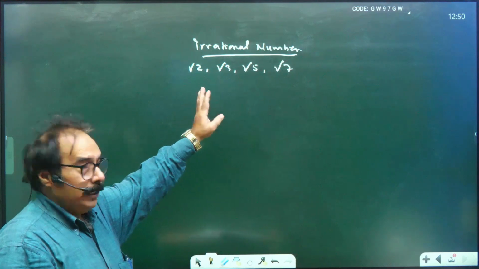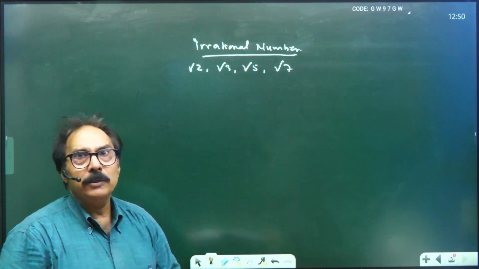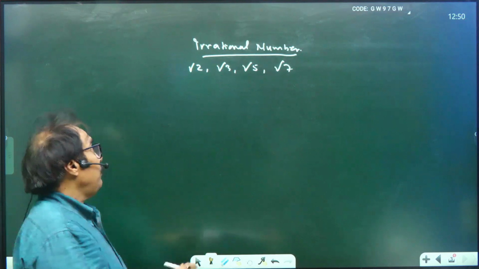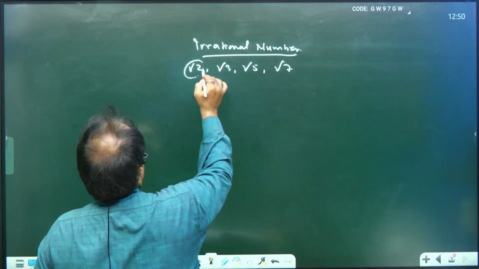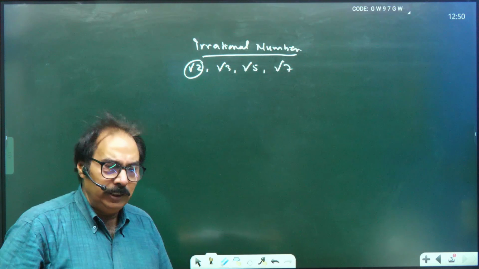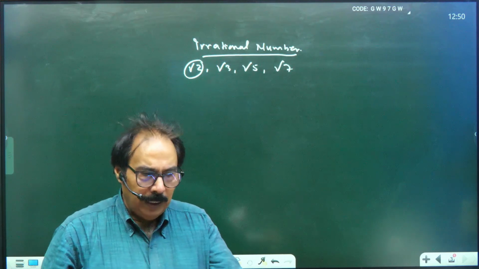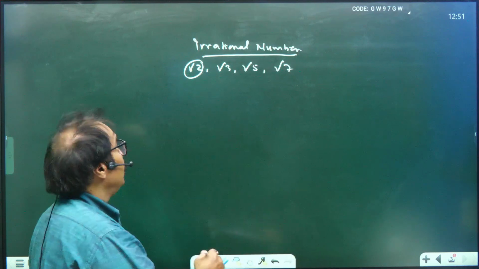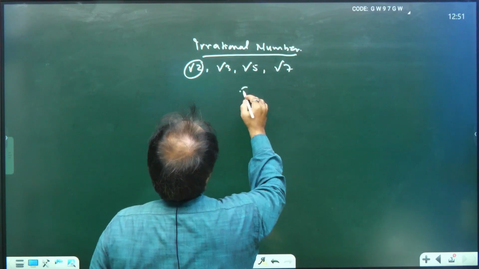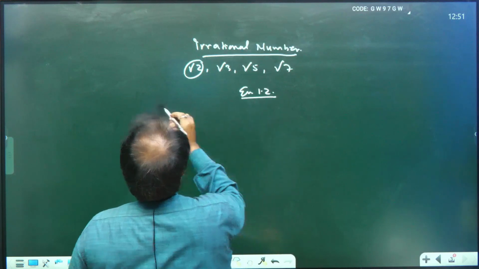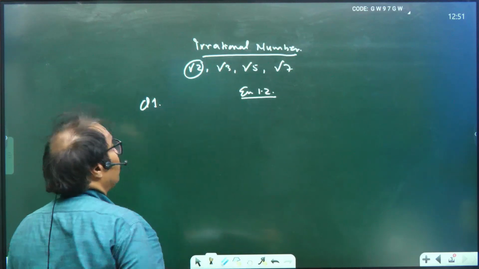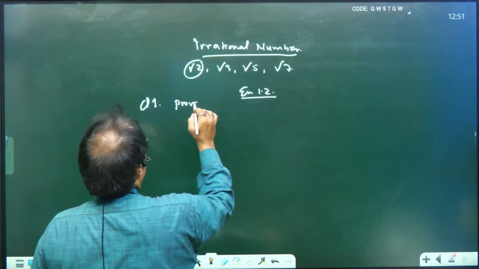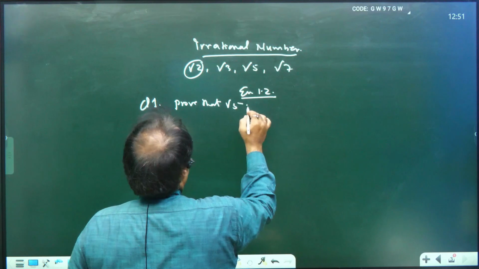Root 2 and root 3 are in your examples, and root 5 is in your exercise 1.2, so I am taking the very first question of exercise 1.2: prove that root 5 is an irrational number.